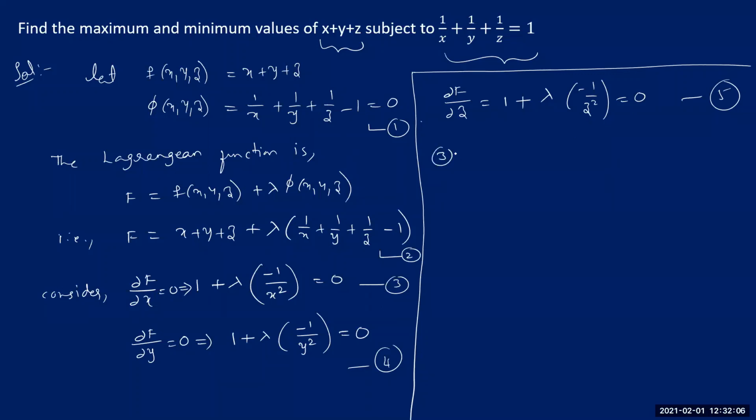From equation 3, you have 1, and here it is plus into minus, so it is all minus. When you send this term to the other side, it becomes lambda times 1 by x square. From this, we can write x square equals lambda, or else x equals plus or minus square root of lambda.